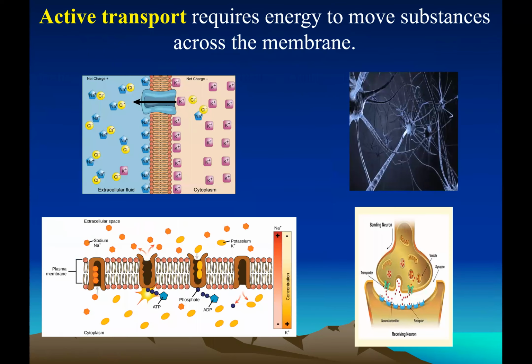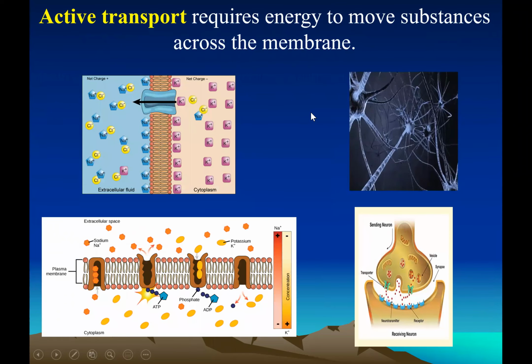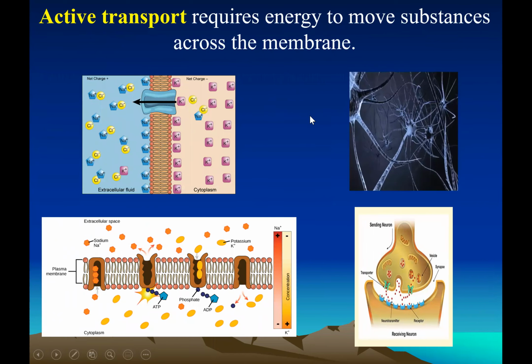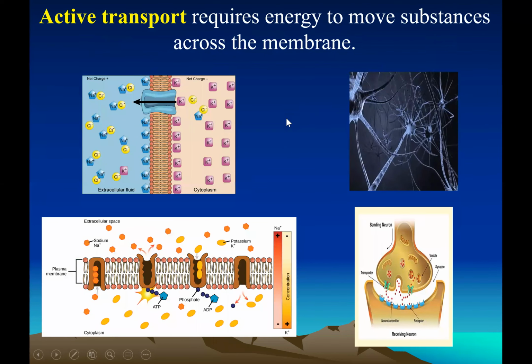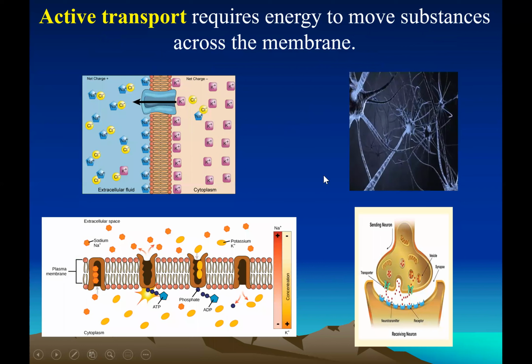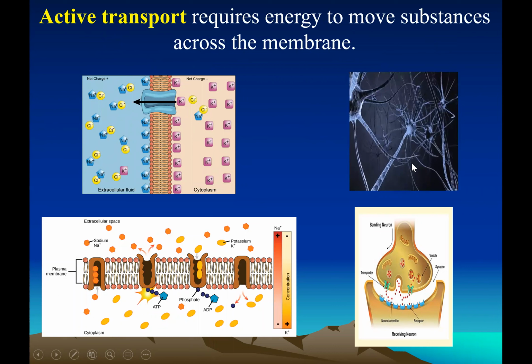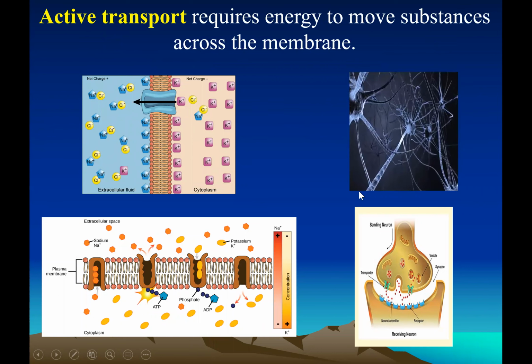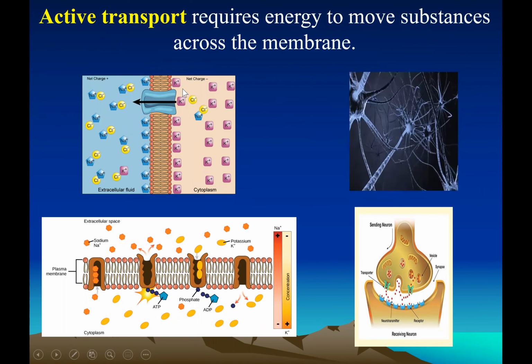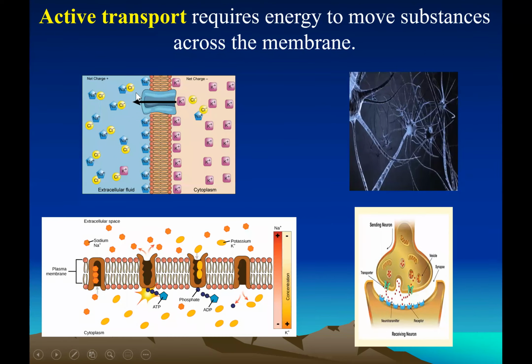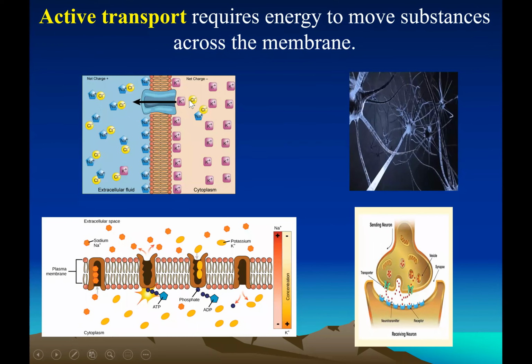So let's talk about active transport. This is super important because if it is your neuron, your brain cell, when you talk about a nerve impulse or the action potential, it's all because of the sodium potassium pump.